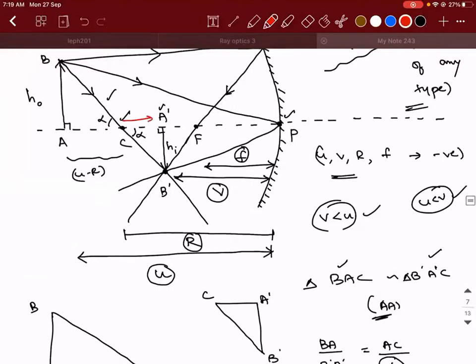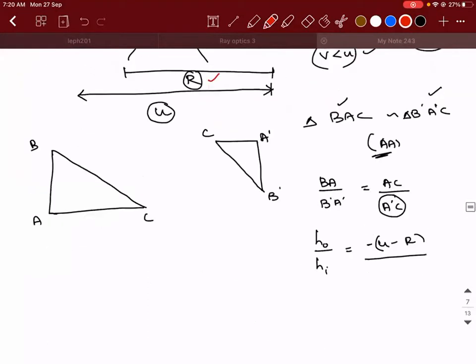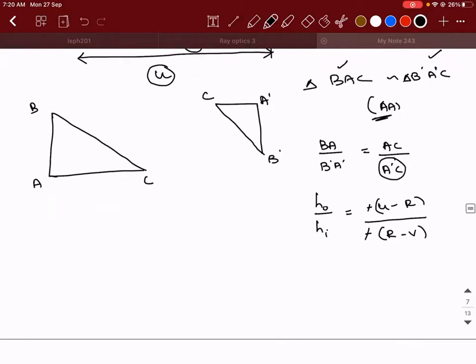So this distance is nothing but CP minus A dash P. Yes, sir. So how much is CP? CP is the distance between R and V, minus of R minus V. See, fortunately here minus signs are getting cancelled.